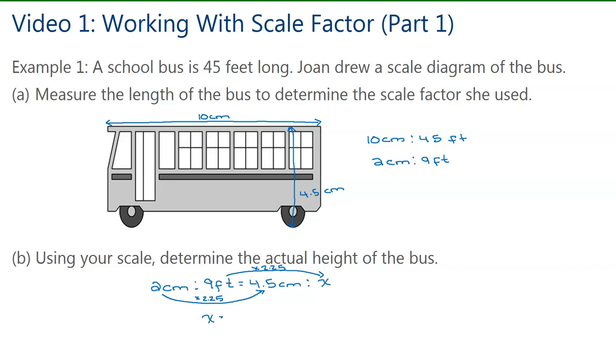So we'll do that down below. 9 times 2.25 equals 20.25. So we can say that the actual height of the bus is 20.25 feet.